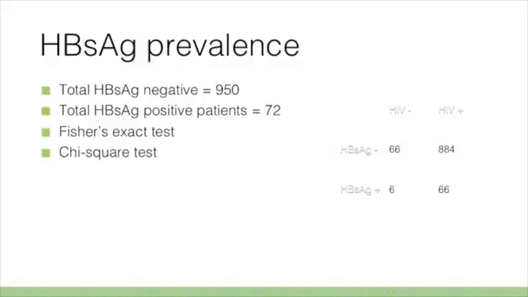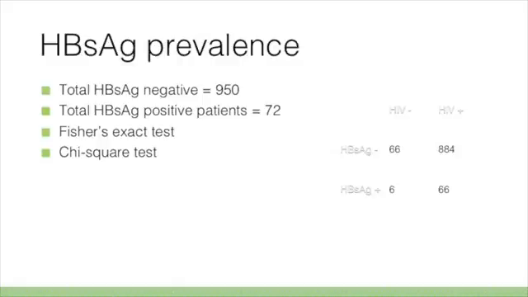So this is categorical data, HIV positive, HIV negative. That's nominal, categorical data, same for hepatitis B surface antigen. So we really are just looking at proportions here. So we use a statistical test for categorical data, either Fisher's exact test here for this contingency table, but as I say, we could use the chi-square as well.